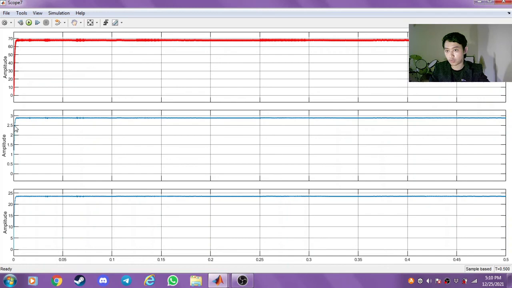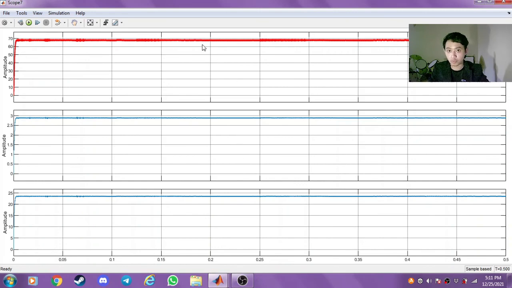For the output voltage, in calculation we get 24, but in this simulation we get 23.6, which is approximately 24. We are using the DC-DC boost converter, so we want to boost the voltage from 16 to 24. When we increase the voltage, the current will decrease, so current and voltage are inversely proportional.